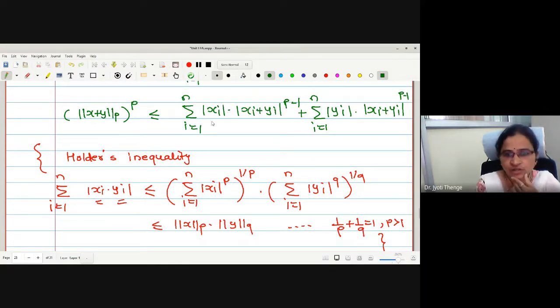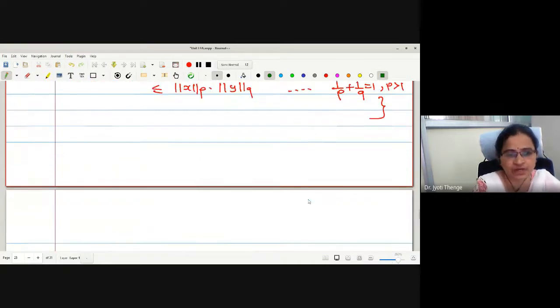Here we have a product of these two terms now. So the first term is separated like this, |xi + yi| raised to p minus 1, this is separated like this as the second term. If you have a difficulty, you can ask me.